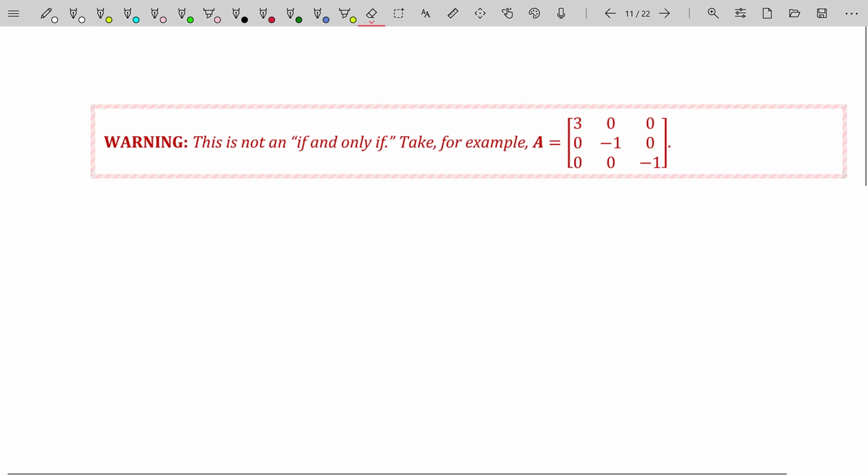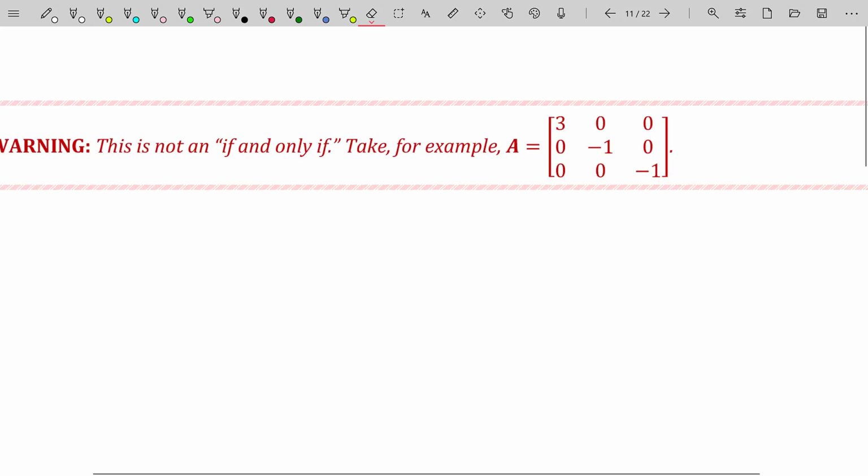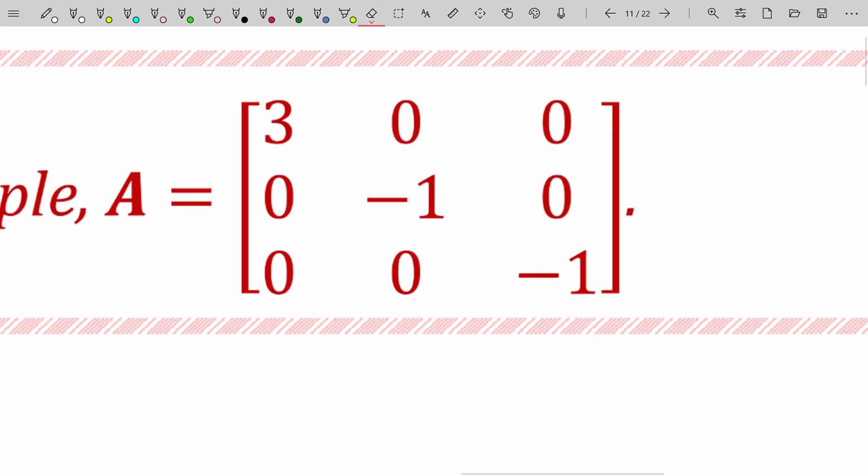However, A being diagonalizable does not mean that your eigenvalues need to be distinct. And here is a perfect example. This matrix is diagonalizable. Why? Multiply it by the identity matrix on both the left and the right, and you get a diagonal matrix. So this can be transformed via similarity transformation into a diagonal matrix, which it actually is.